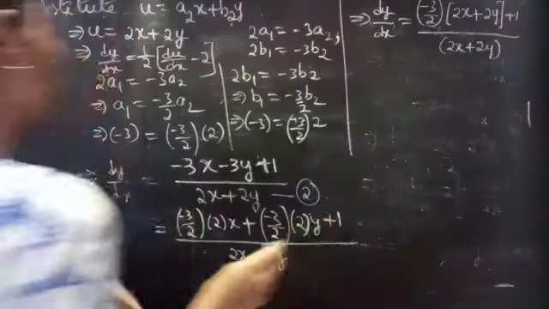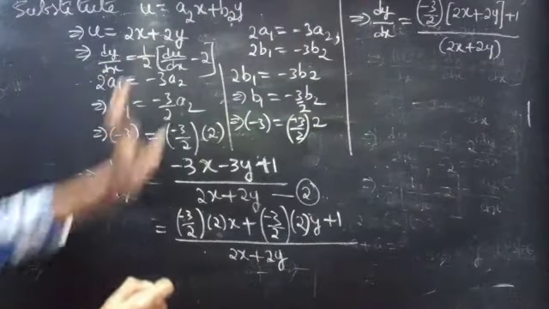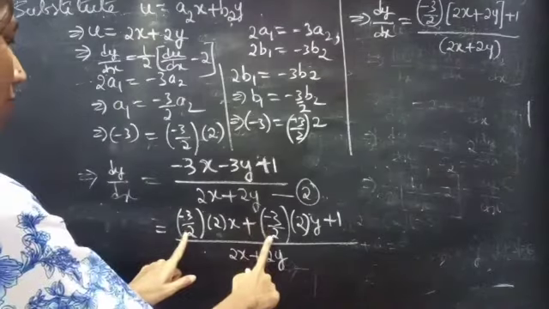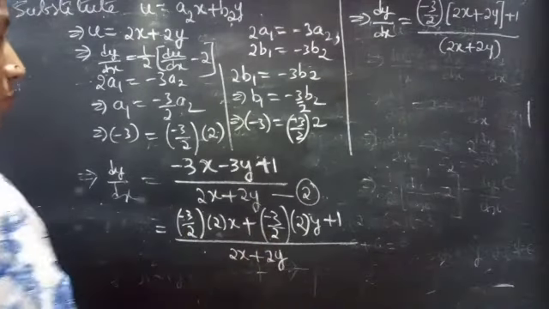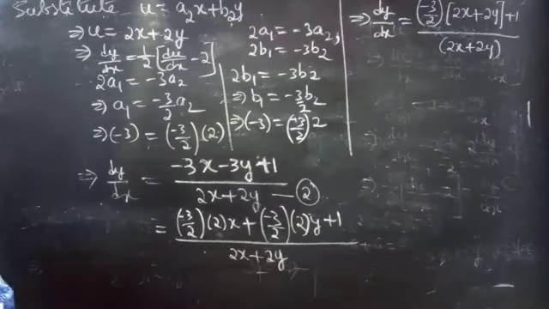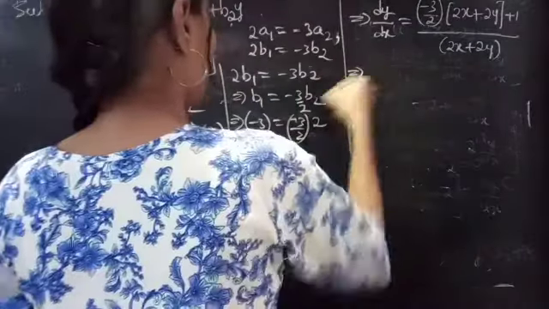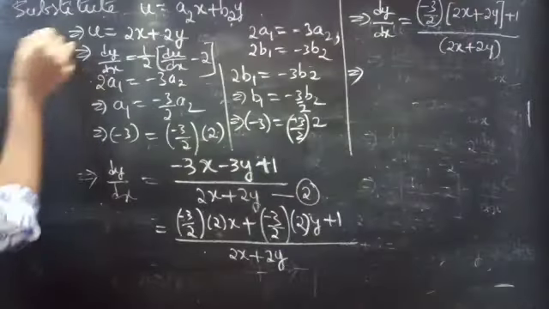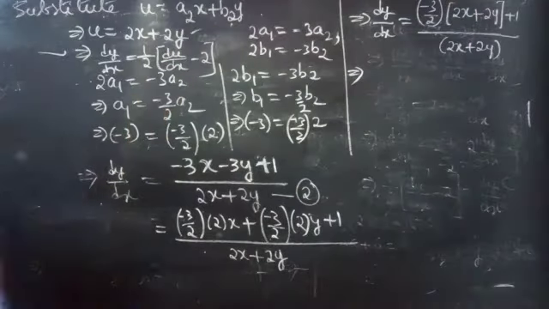Since we are having u equals 2x plus 2y, we'll take only minus 3 by 2 common from these two terms. Don't take minus 3 by 2 into 2 common from these two terms. Okay, fine. Now we can replace 2x plus 2y.